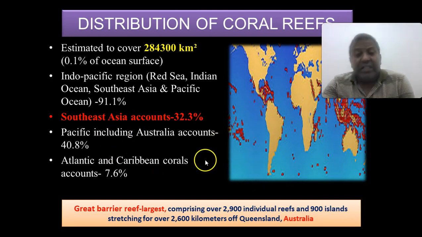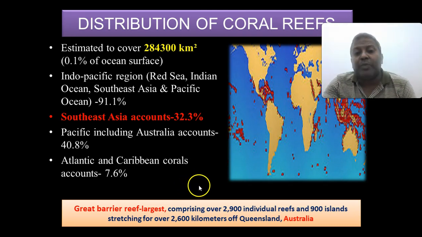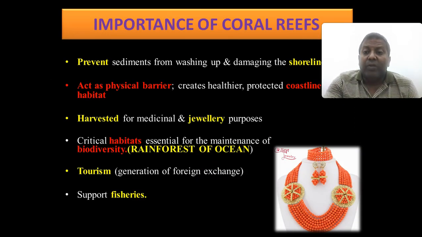And we can again note the name of the Great Barrier Reef, which is the largest coral reef, present in Queensland, Australia, stretching about 2,600 kilometers around the Australian coast.